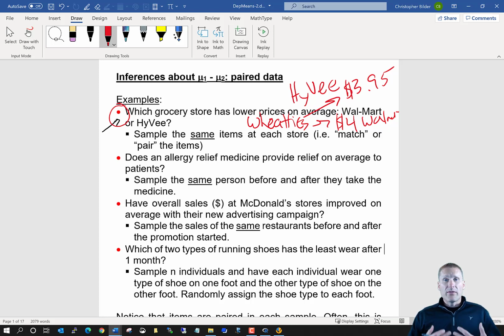How we've sampled this item is dependent between the two places. Perhaps, for example, a particular brand of milk: you sample that same brand at Hy-Vee, and you sample the same brand at Walmart. So again, the samples are connected in a way; they're dependent.